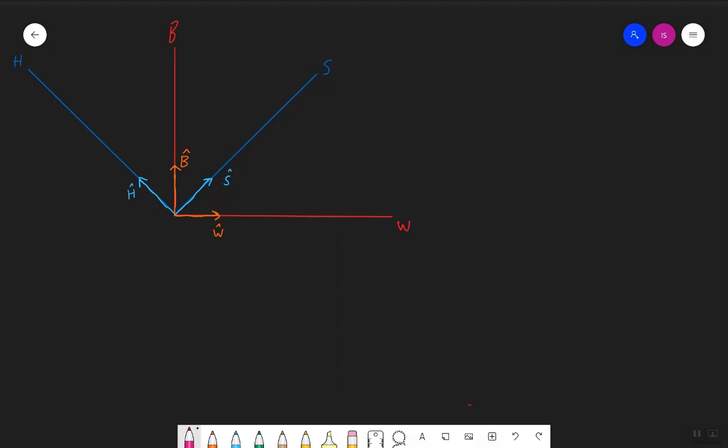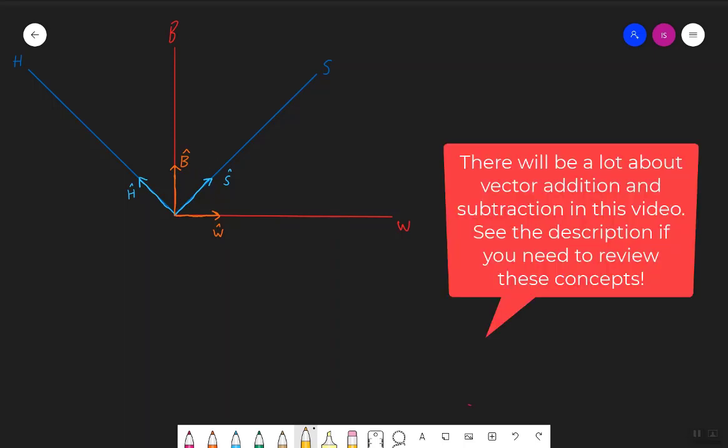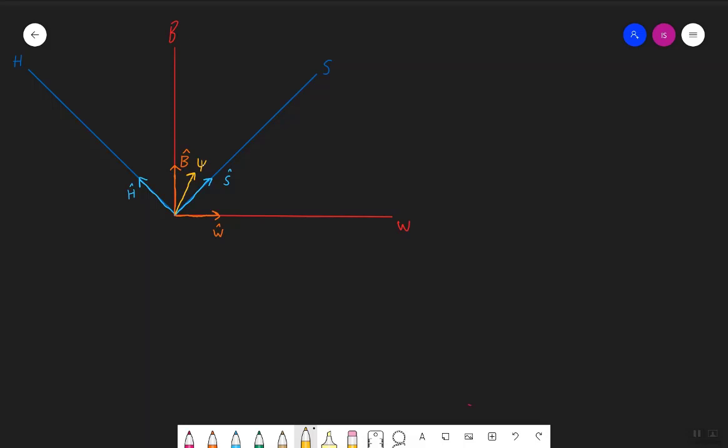Okay, so now we can put another vector on this diagram that I'm going to call psi, and probably not the best, because I would like it to be a unit vector as well. So I'm going to call this psi, but I'll put the vector arrow over it. And that's a Greek letter.